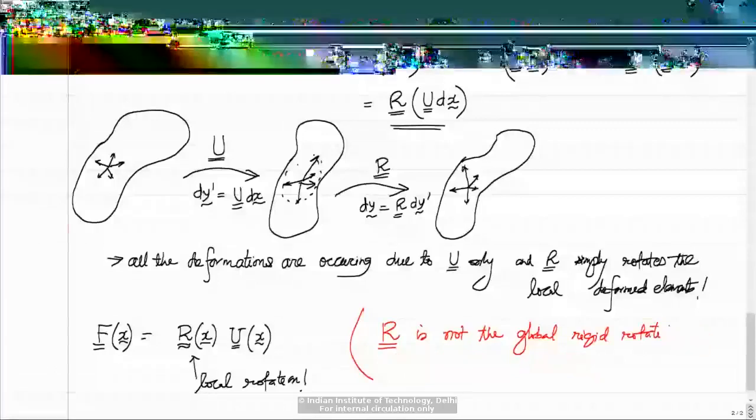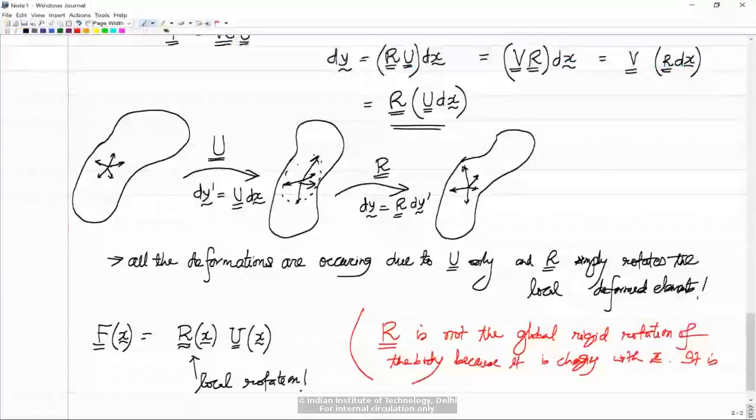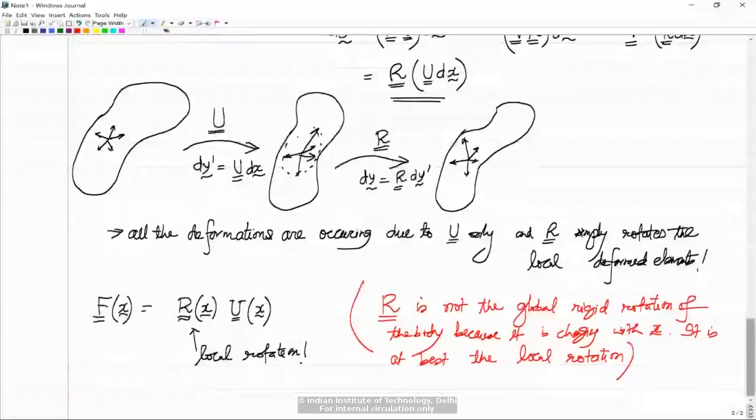At best it is the local rotation. You see, you have two terminologies: local rotation and global rotation. Global rotation means it's the same at every point in the body, but local rotation is something which is changing from point to point. So local rotation does not correspond to rigid rotation of the entire body. It is just the rigid rotation of a local neighborhood of the body.